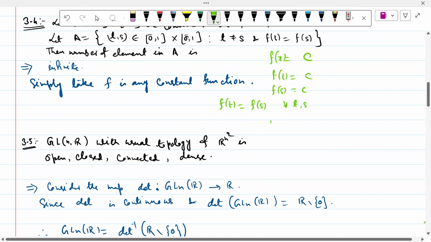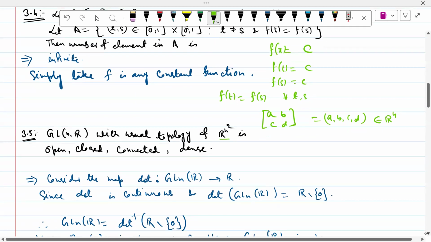For example, if you have a 2 cross 2 matrix with entries a, b, c, d, then you can simply write it as (a, b, c, d). So this is an element of R4, and R4 has the usual topology, so you can use this topology. Similarly, GL_n(R) can be identified with R^(n squared).